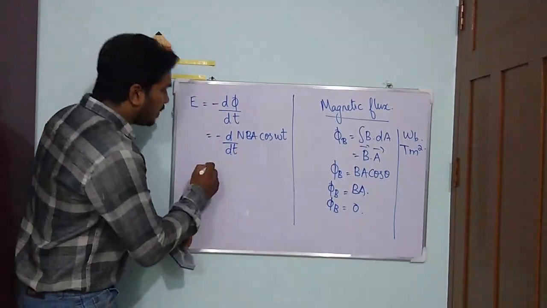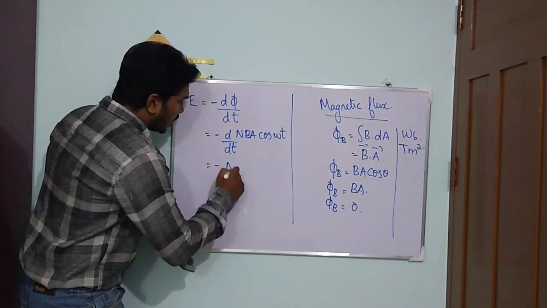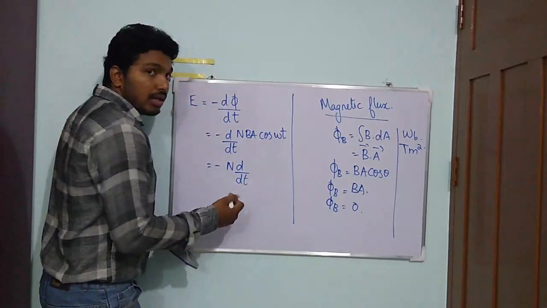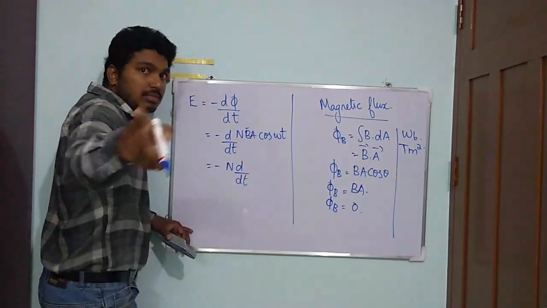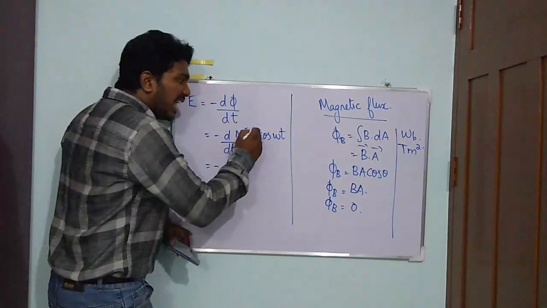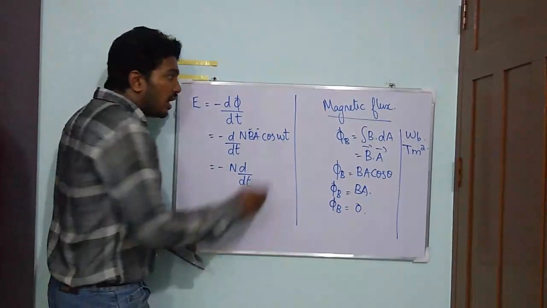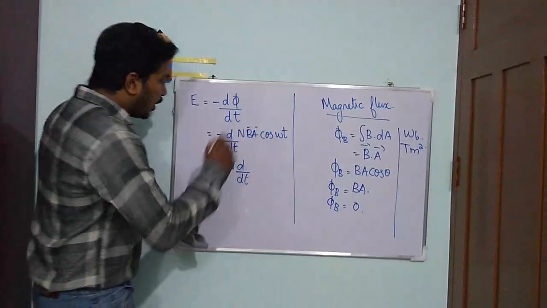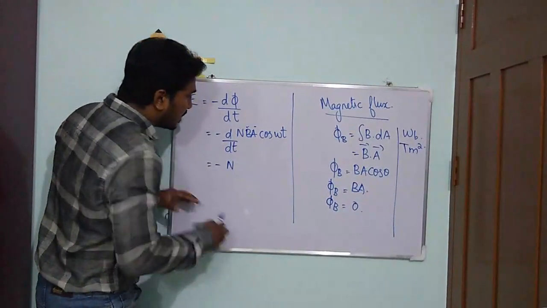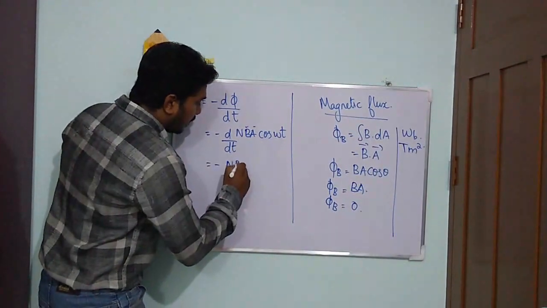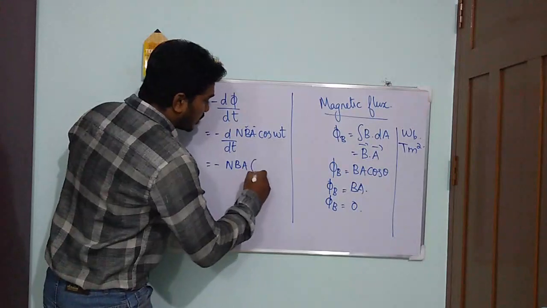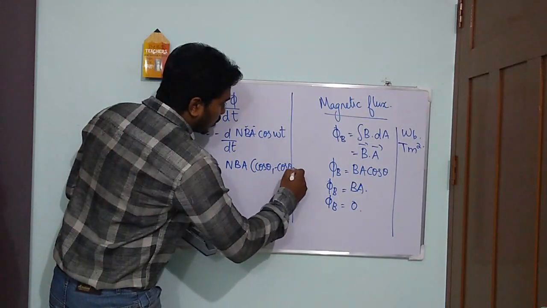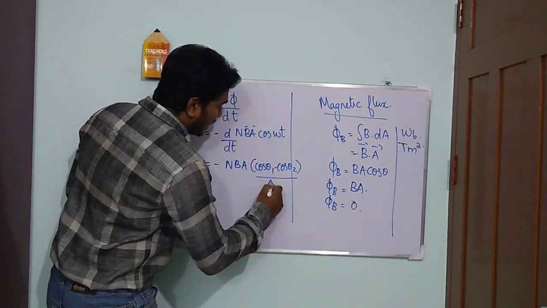So the better way is I can take n outside. So n d by dt of either B can change, then there is an induced EMF. If A changes, there is an induced EMF. If omega t changes, there is an induced EMF. So in one way we can write like this: minus n, I'm taking B and A outside, assuming they are constant, cos theta 1 minus cos theta 2 divided by delta t.